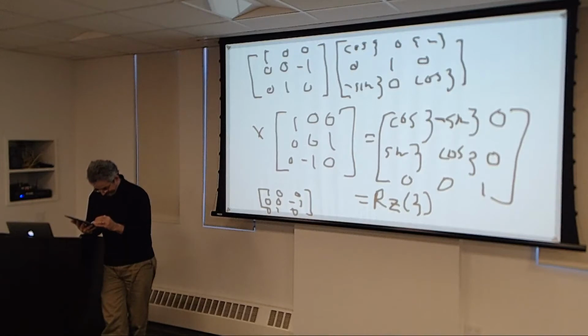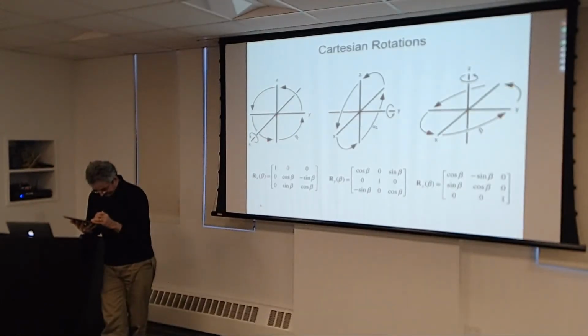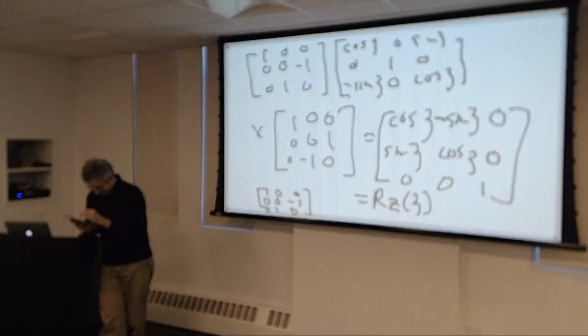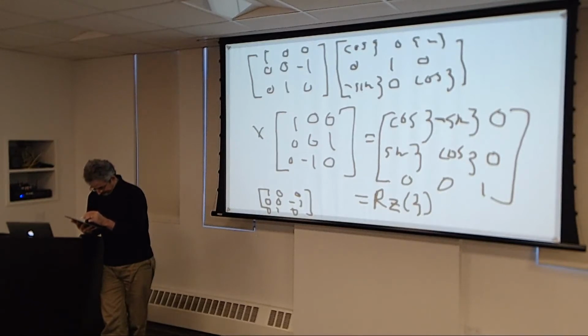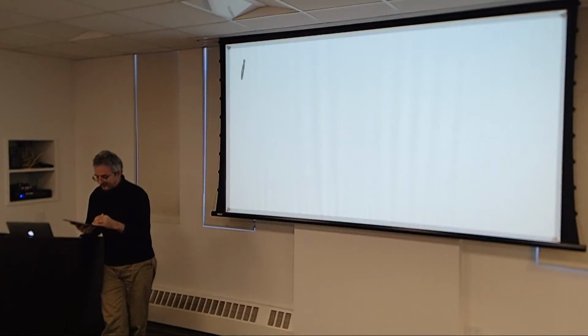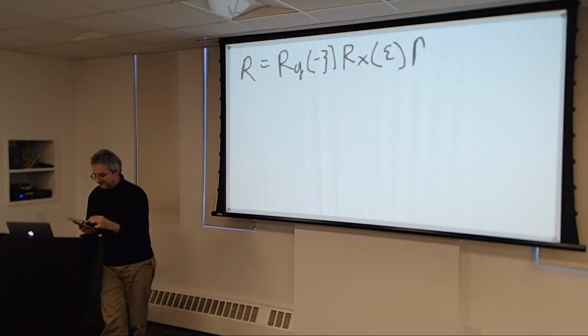So that means the result of my first calculation is then that R is Ry minus zeta, Rx epsilon, Rz zeta, Rx pi over 2.